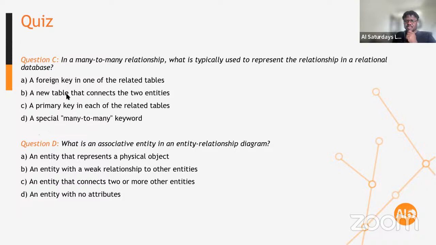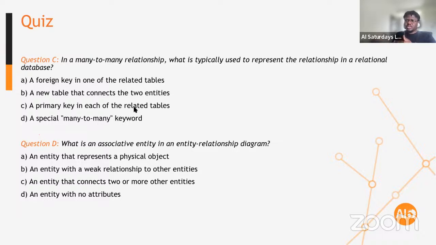Okay, great. I don't know if there is a confusion between question C and D, but I think people are mostly answering question C. And yes, the answer is B. To typically represent the relationship, you have to create a new table that connects both entities.